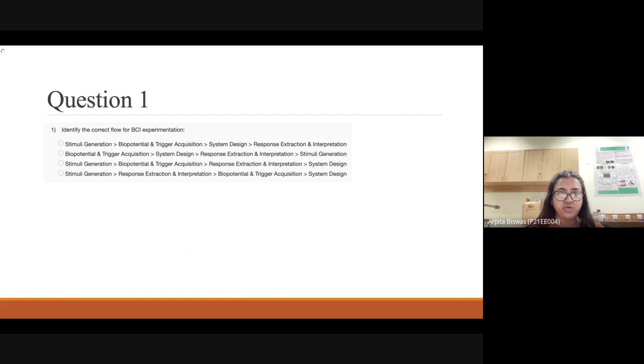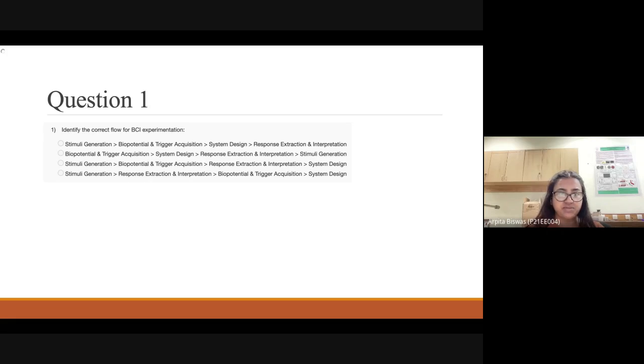Identify the correct flow of BCI experimentation. First option is stimuli generation, then biopotential and trigger acquisition, then system design, and third is the response extraction and interpretation. Second option is biopotential and trigger acquisition, then system design, then response extraction and interpretation, and then the stimuli generation.